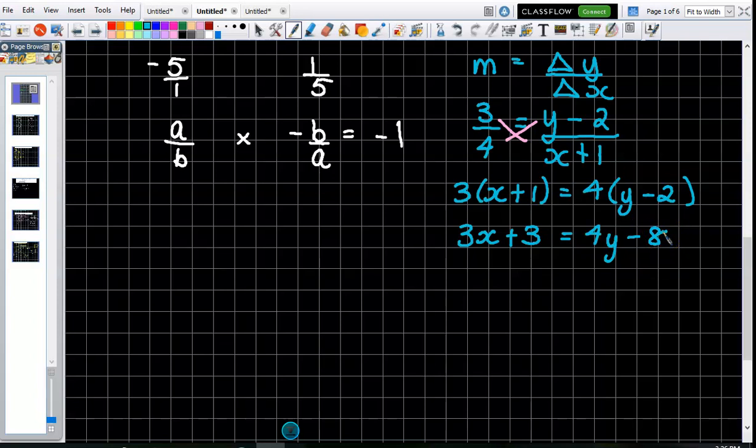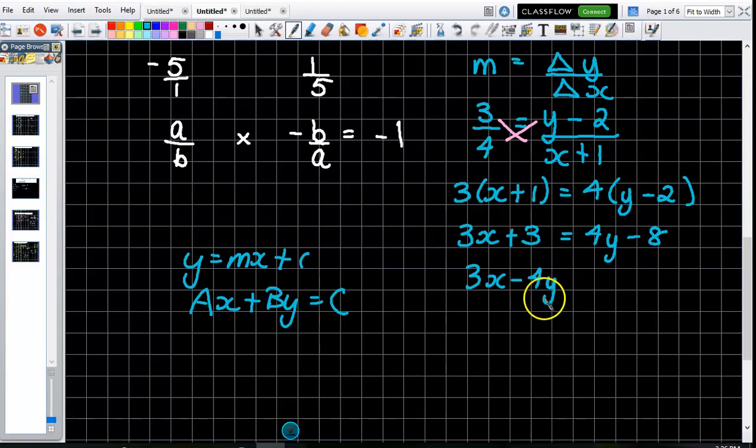Okay? And at this point, you read the question. If it said, put it in y equals mx plus c form, y-intercept, you do so. Or you are just going to put it in this form, which we call general, and I much prefer that. So I keep the 3x where it is. The 4 comes over, 4y comes over, so what will I write?